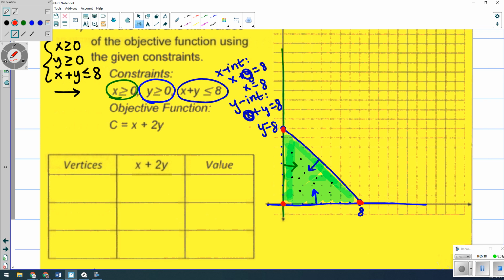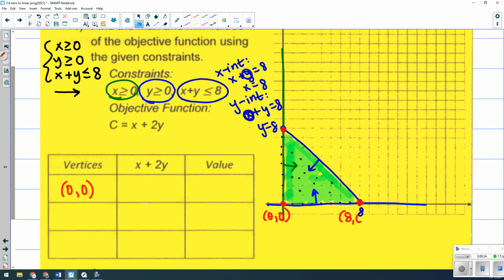So I have 0, 0, over 8, up 0, and then this last vertex is over 0, up 8. Now I plug those into my objective function, which is c equals x plus 2y.